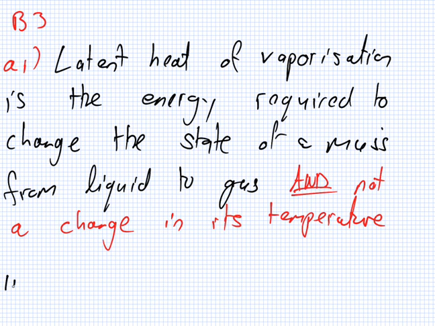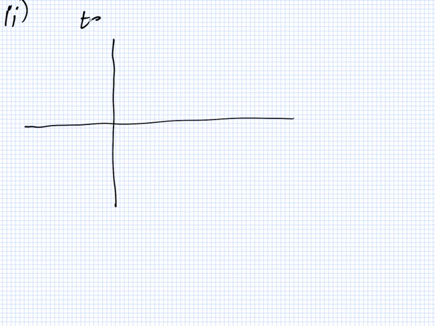Okay. Sketch a graph showing the temperature against time of ice being melted. Okay. Can I scroll down? Yeah. So here we have the temperature in Celsius and this is the time in seconds, and then let's say here is -5.